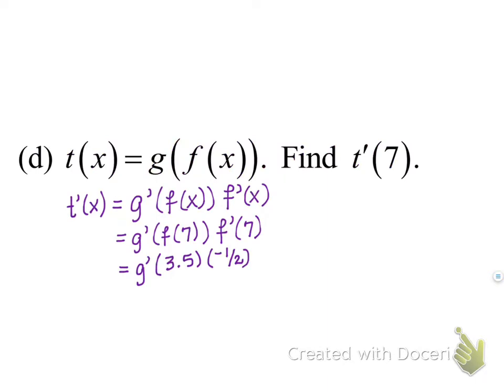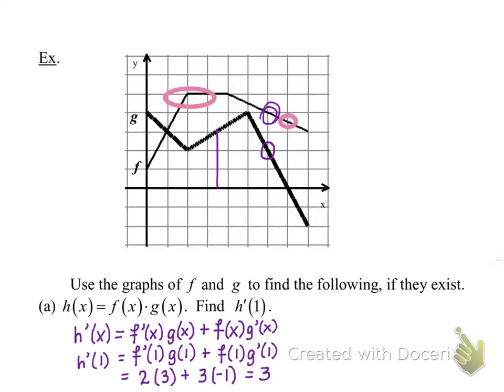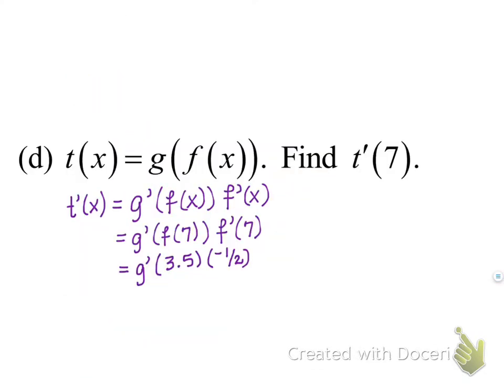So we've got 1/3 times negative 1/2. Was that a slope of 1/3? That's a slope of 2/3. I'm tired. Why am I so tired? 2/3 times negative 1/2 equals negative 1/3. There's the slope of t.